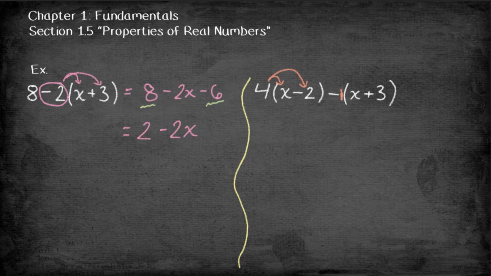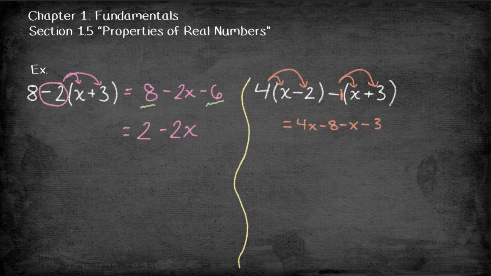As before, when we distribute a number that we're subtracting, it's going to affect the sign of the products. So we have 4x minus 8, and then the negative sign distributed. So negative 1 times x, different signs, minus x. Negative 1 times 3, different signs, minus 3.